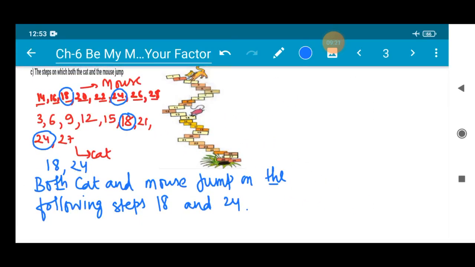It is that we come to know from this that at 18 the mouse came at one time and the cat came too, and at 24 also both of them touch the step. It is not that they met on this step. Most of the students get confused with that, so do not get that confusion.